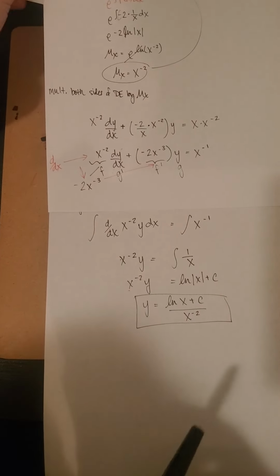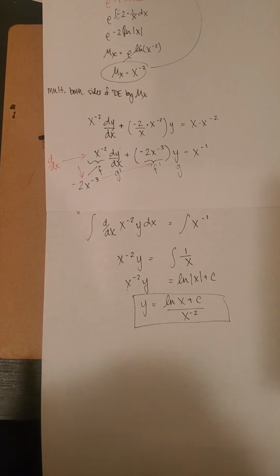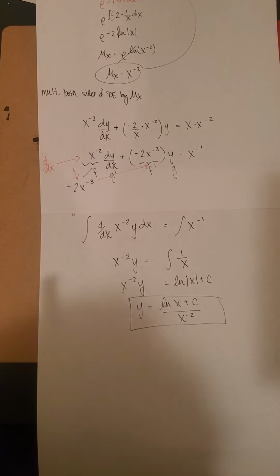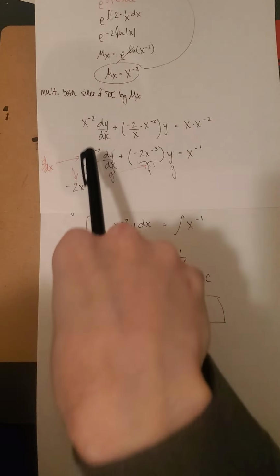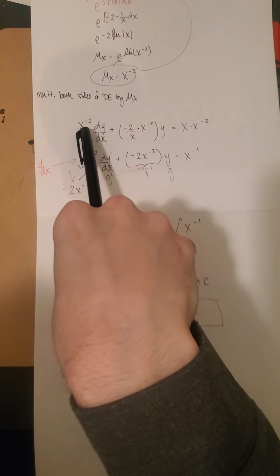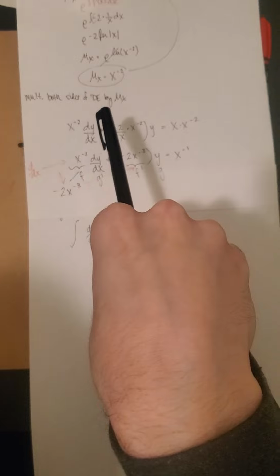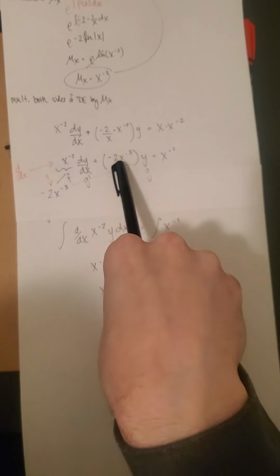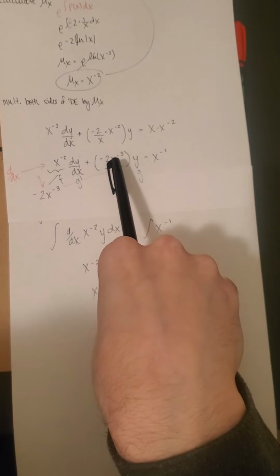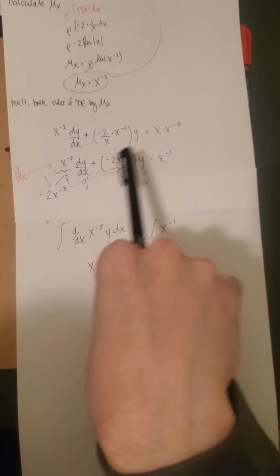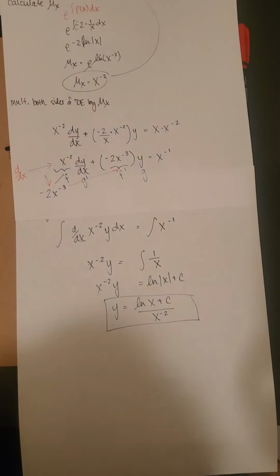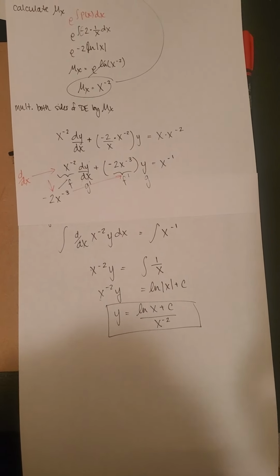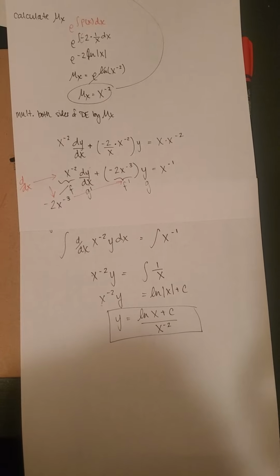I think some of the algebra was a little bit annoying, but once I was able to verify that my mu of x's derivative was indeed already present once I multiplied both sides, I was convinced that I was doing the right process.